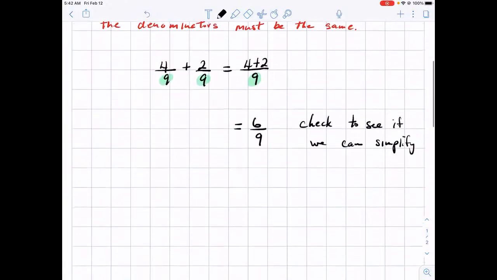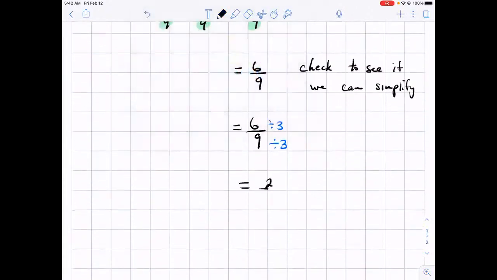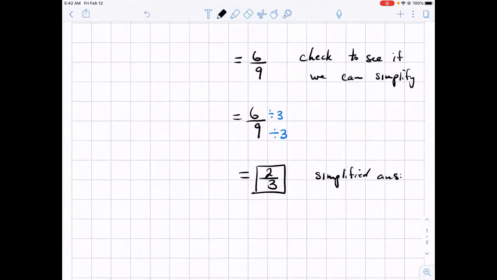If you notice 6 over 9, we can divide here by 3, and we can divide here by 3. And that would leave us with 2 over 3. And that's my simplified answer. So the whole idea is that once we have the same denominator, then we just add or subtract.